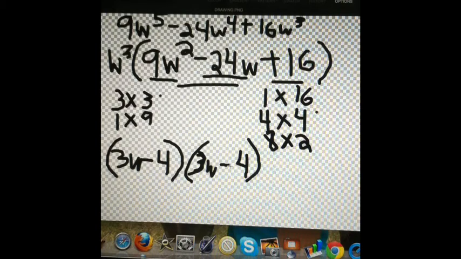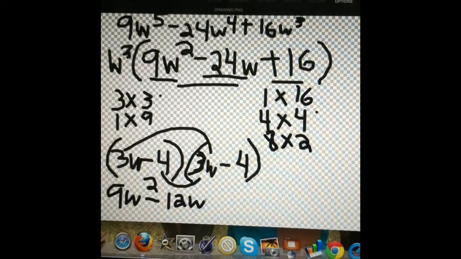So first we do 3w times 3w, which equals 9w squared. Okay, so that's right. We get our a value. Then we're going to do negative 4 times 3w, which is negative 12w.